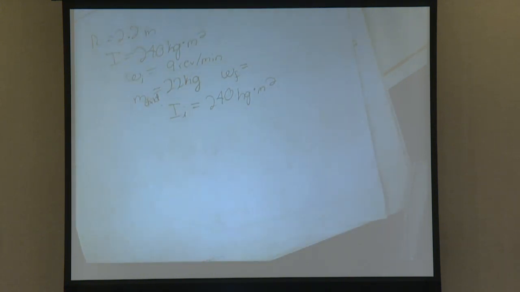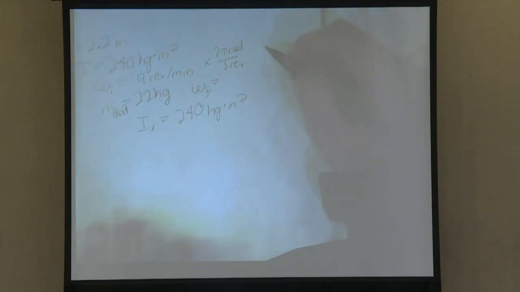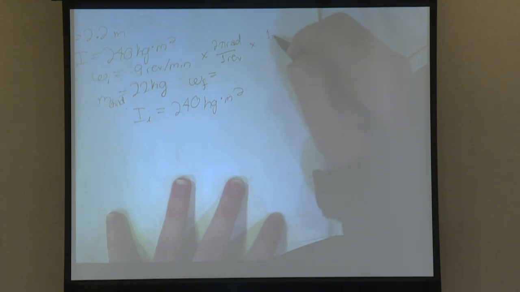Our original angular velocity is 9 revolutions per minute. If they want the answer in revolutions per minute, you can keep it that way, but usually they would want you to change it to radians per second. To do that, you would do 2 pi radians over 1 revolution, times 1 minute over 60 seconds. Okay?